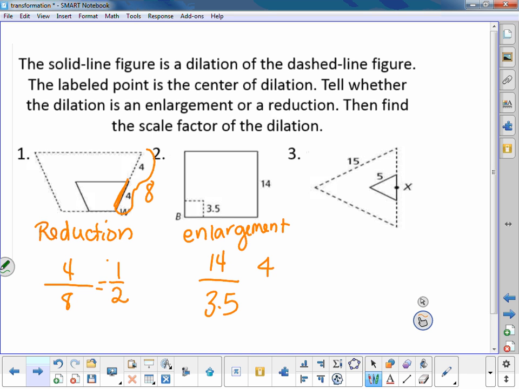So it's 4 times bigger than the dot. And the last one is a reduction, which we're talking about going from the dotted to the solid. And this would be 5 over 15, which is 1/3 the size.